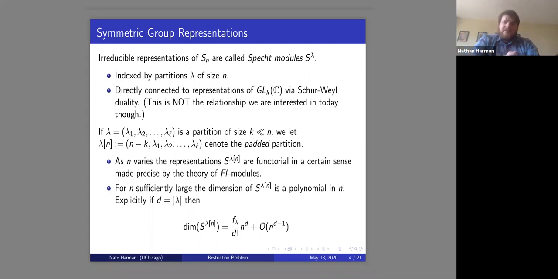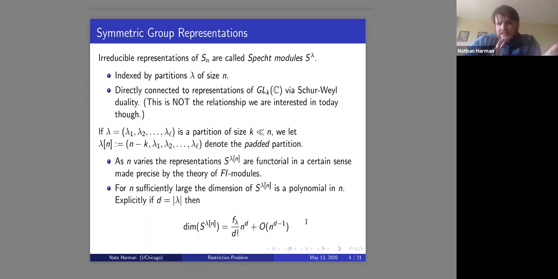So that formula at the bottom should look very familiar, and that's the same f lambda over d factorial that was in the previous slide. That should maybe be suggestive, but it's a different polynomial, I should say. Compared to the polynomial formula that I had written down for the dimension growth of general linear group representations, this O of n to the d minus 1 really is different, but they have the same leading term.